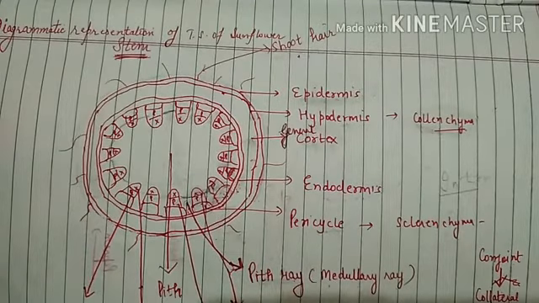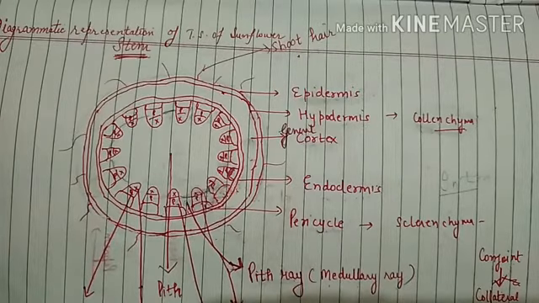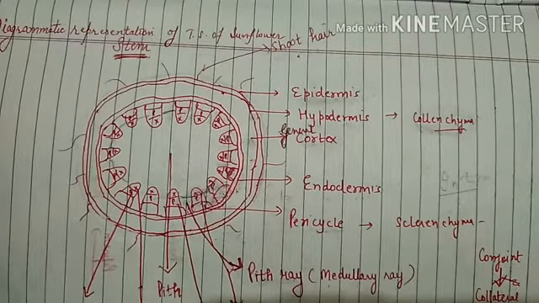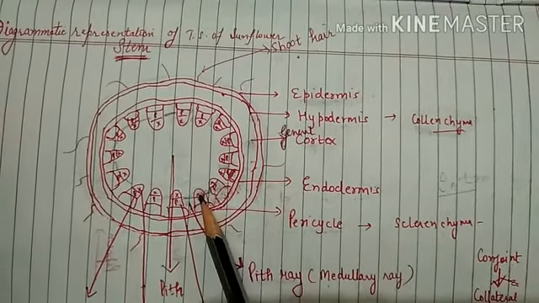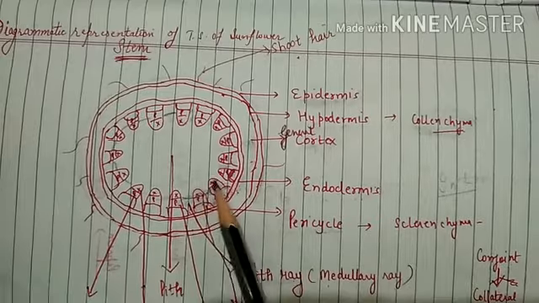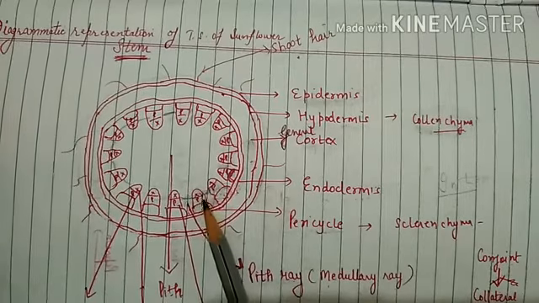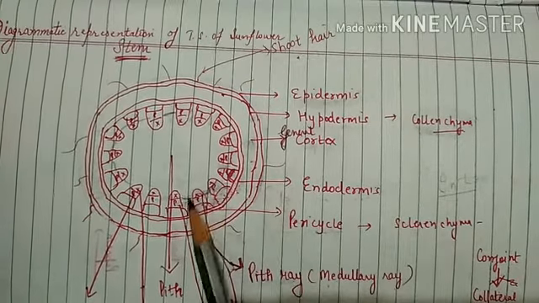So, dear students, in our previous video, we studied how the secondary tissues, that is secondary xylem and secondary phloem, develop from the cambial ring. The cambial ring was formed from intrafascicular cambium, which is already present between the primary xylem and the primary phloem.